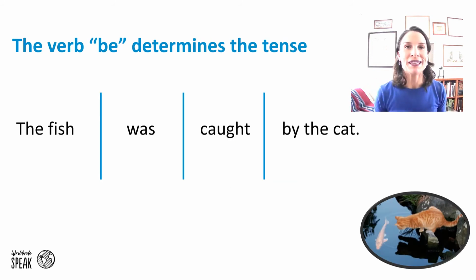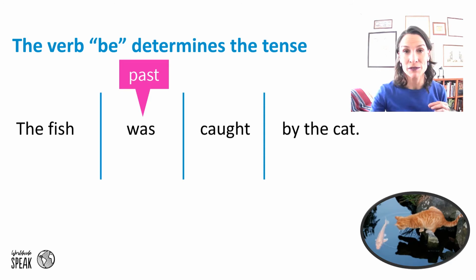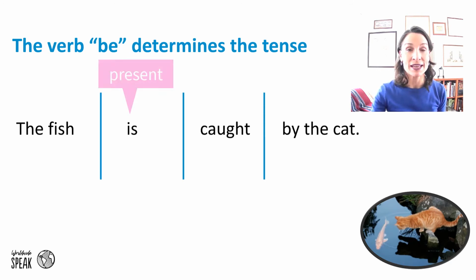So the verb be is really important because this is what determines the tense of your passive sentence. This one is in the past because the verb be is in its past form, was. This sentence is in the present passive because the verb be is in its present form, is.